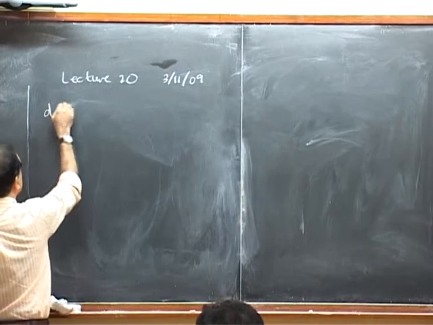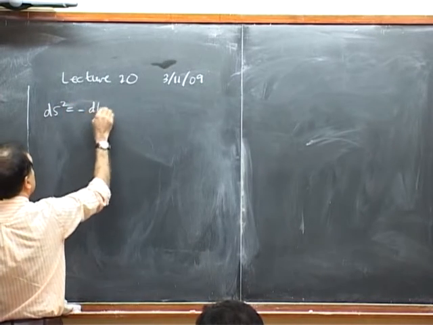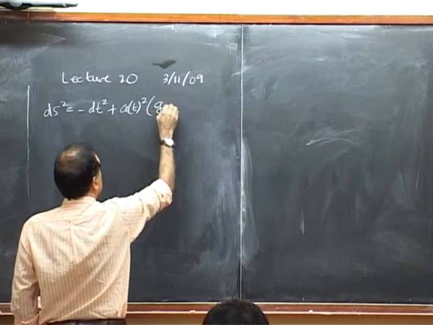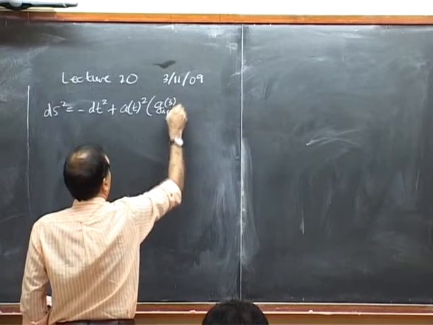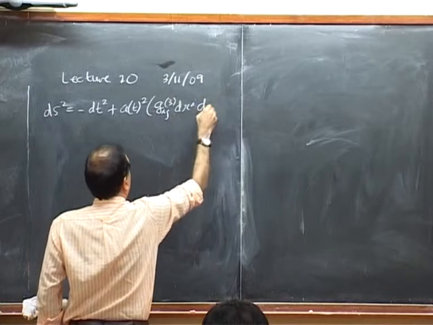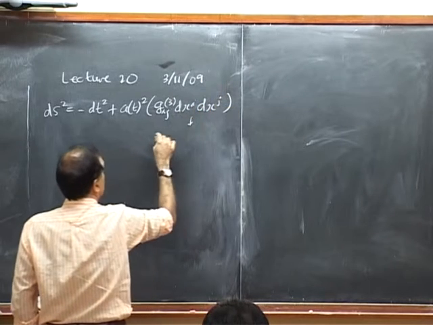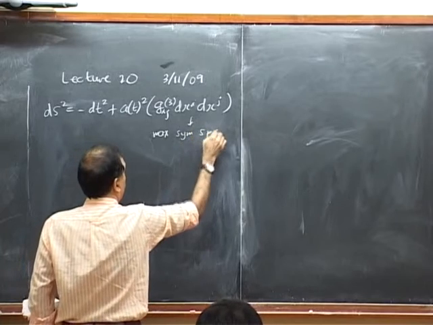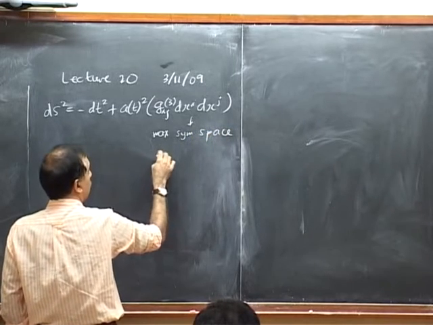The GR work consists of saying that dx squared is minus dt squared plus a of t squared times the metric of a maximally symmetric space. And it has a curvature.